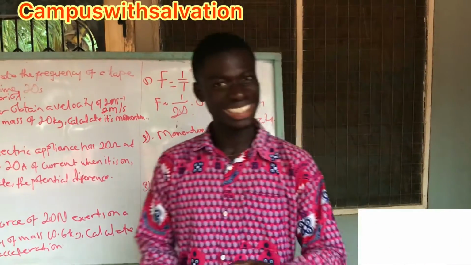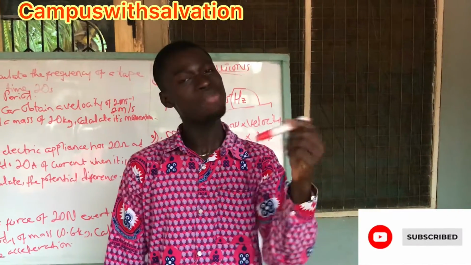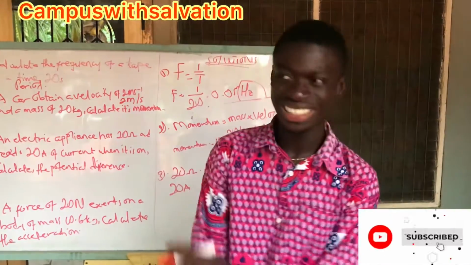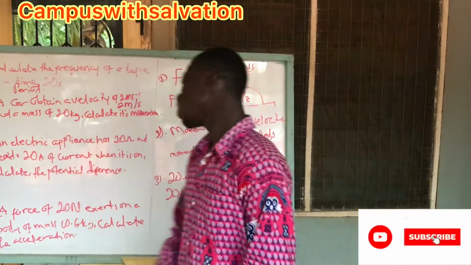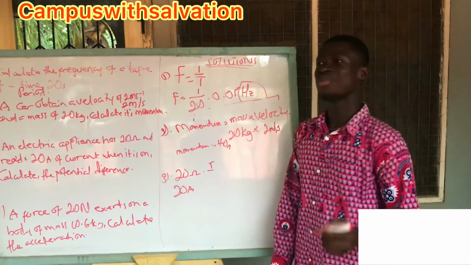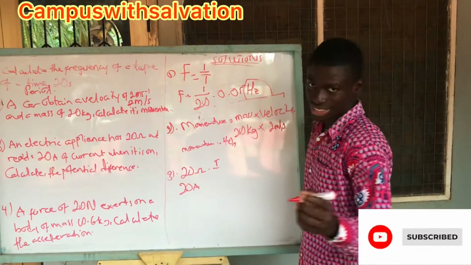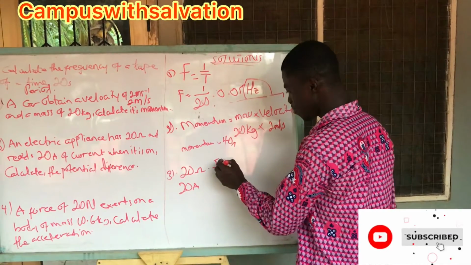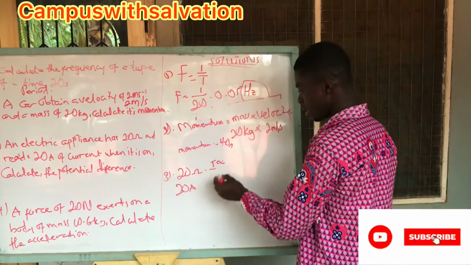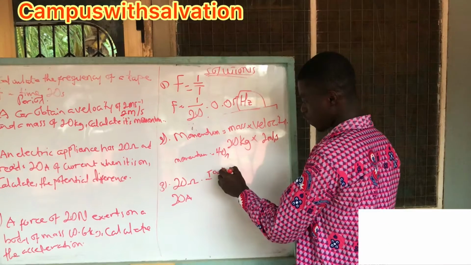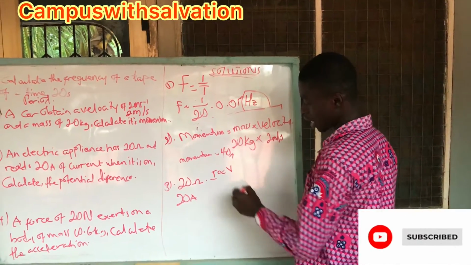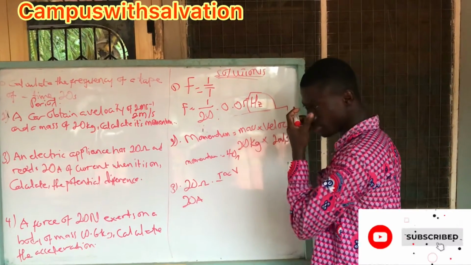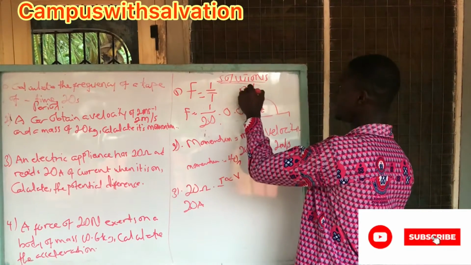This is the proportionality symbol: current is directly proportional to voltage, that's the potential difference, PD.